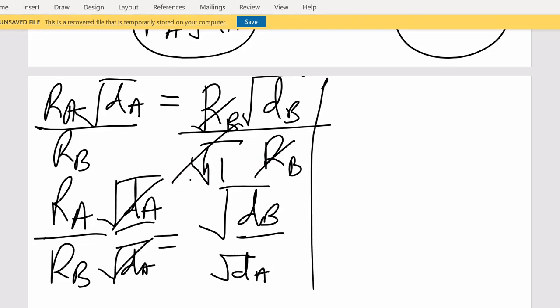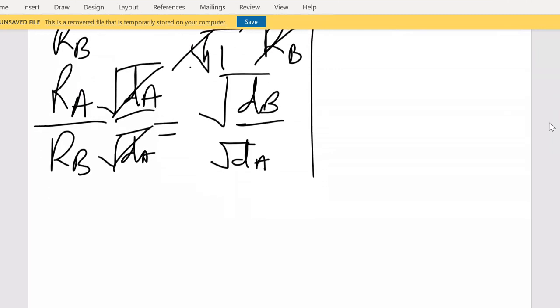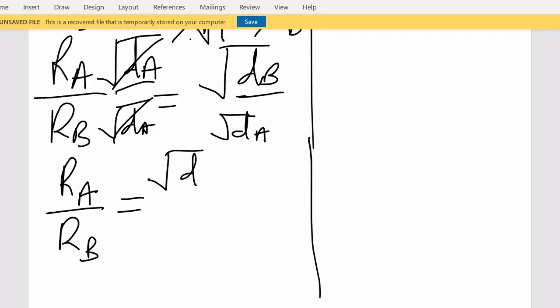So this means you will have RA over RB equal to root dB over root dA.